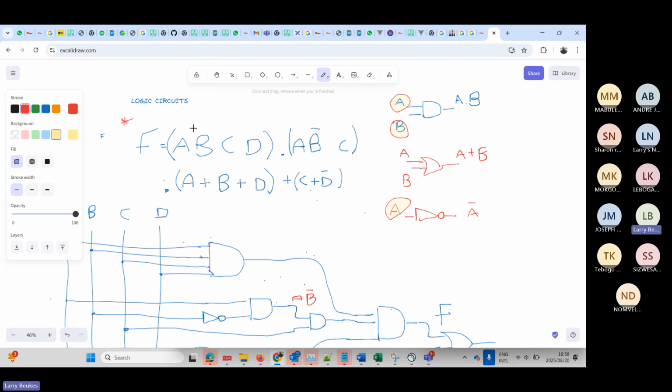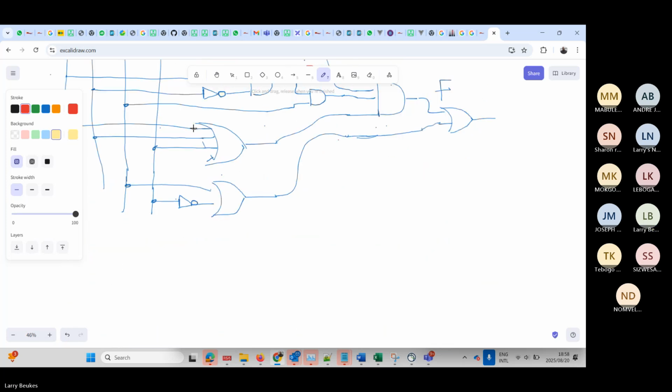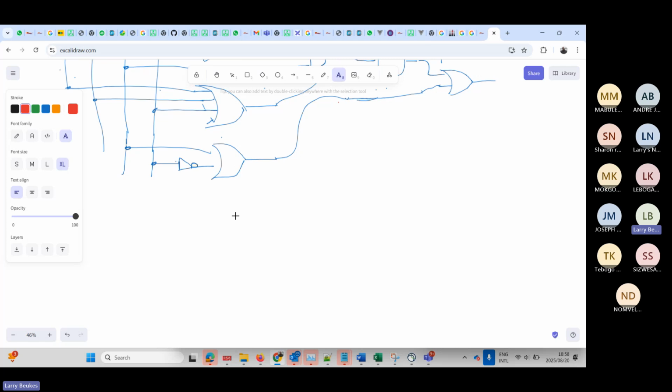So another one, quick, it's basically just your sigma notation. I just want to remind you guys, I know you know everything by now. Sigma notation is basically a sum of min terms, right? A sum of min terms.